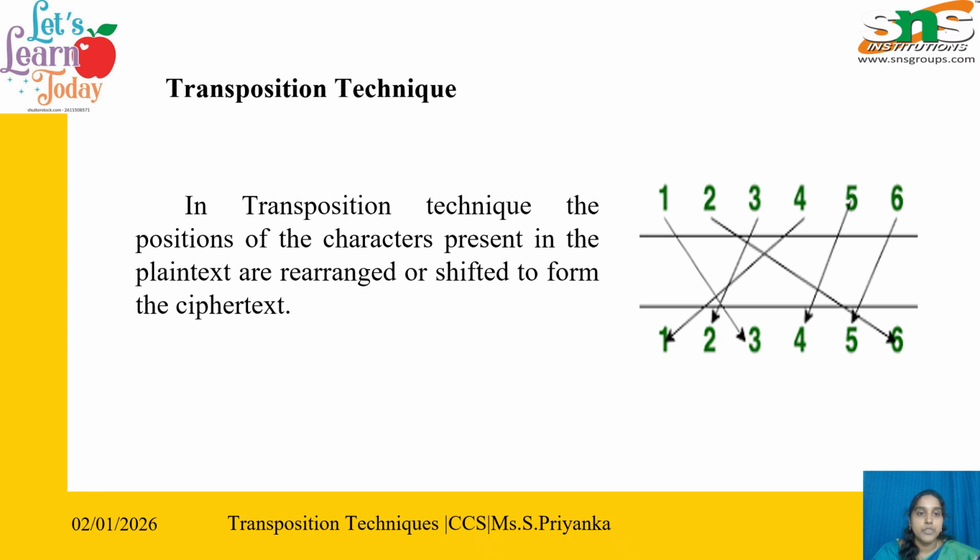What is the transposition technique? In general, the positions of the characters present in the plain text are rearranged or shifted to form the cipher text. Here, the position 1 is replaced to 3, 2 is replaced to 6, 3 is replaced to 2, 4 is replaced to 1, 5 is replaced to 4, and 6 is replaced by the fifth position.